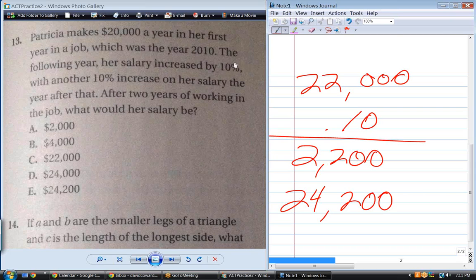You don't make 10% of 20,000 in the first year and then 10% of 20,000 in the second year. You make 10% of 20,000 in the first year and then 10% of your new salary, 22,000, for the second year. The third year, your raise would go up by 10% of that. So it compounds better than just making 10% of your original each year.